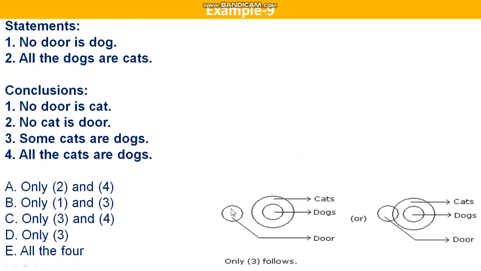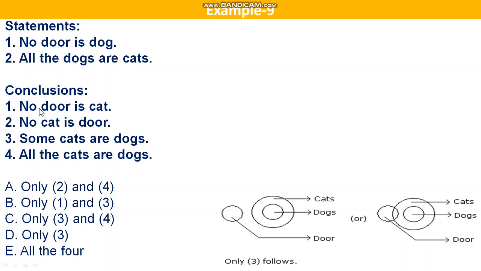Door and dog have no relation, both are separated circles. All dogs are cats. Yes, the dog circle will come inside the cat circle. Now, door may have an intersection with the cat circle, or, as shown here, may not. Both possibilities exist. Let's see how many conclusions follow.